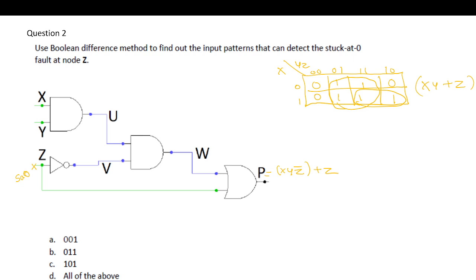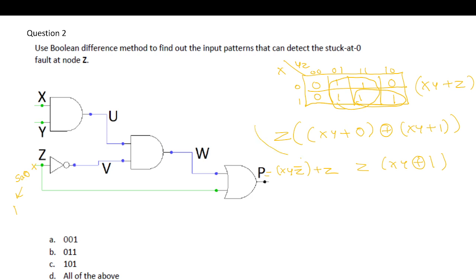Now, to excite this we need a 1 here, so we need to multiply with Z. The first is XY plus Z equal to 0, XORed with XY plus Z equal to 1.